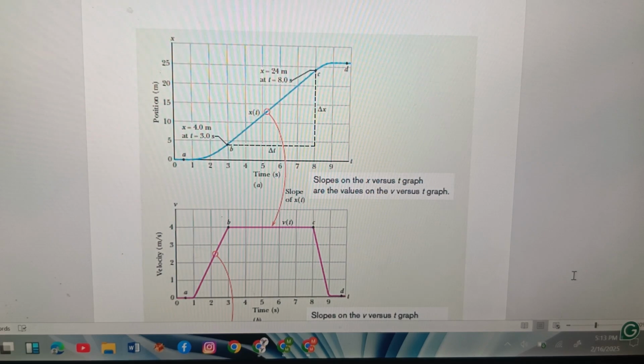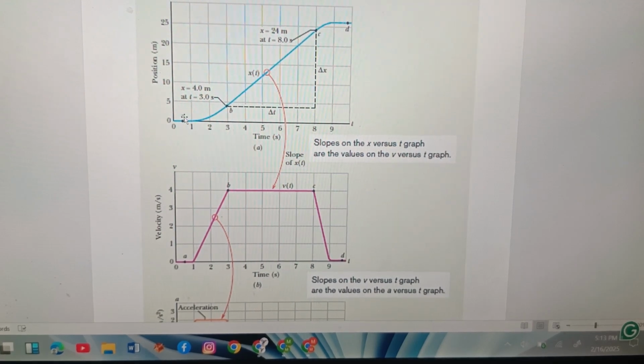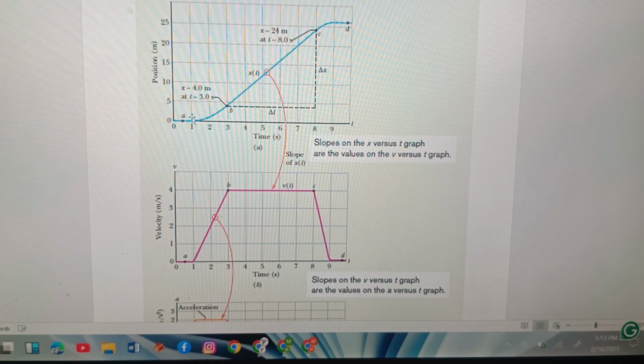Now when we look at the graph, at point A, when we convert this into velocity, since there is no distance traveled, the value of position is 0, and 0 divided by time will again be 0. So in our velocity graph, there will be no velocity. Our velocity will be 0.